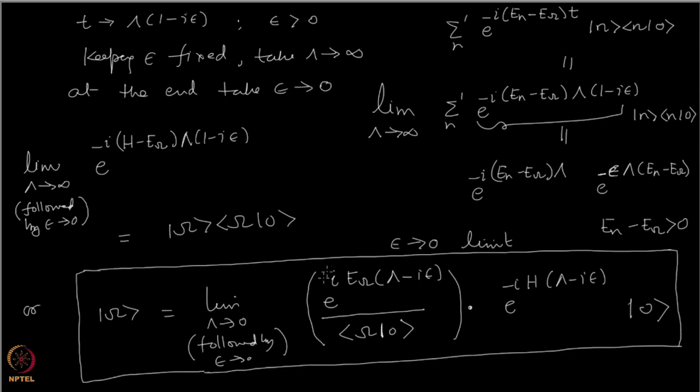So apart from this overall constant, we actually have this piece, where H is the full Hamiltonian. We'll do something to this later, but at least for now we have achieved our goal. And this will be some constant.